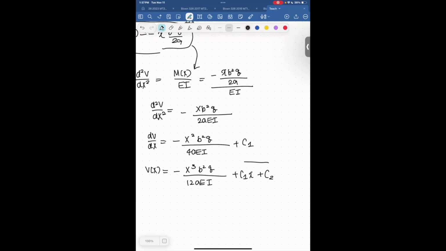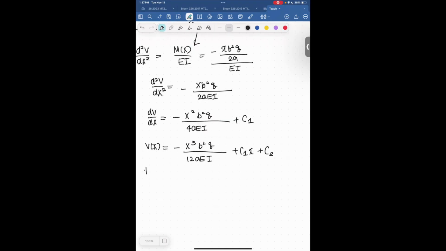So now that we have this equation of deflection, you might be wondering, how do we actually figure out what C1 and C2 are? Because this equation is not complete. Well, good question, because we are going to use boundary conditions, like initial value problems in integrals that we did a long time ago.